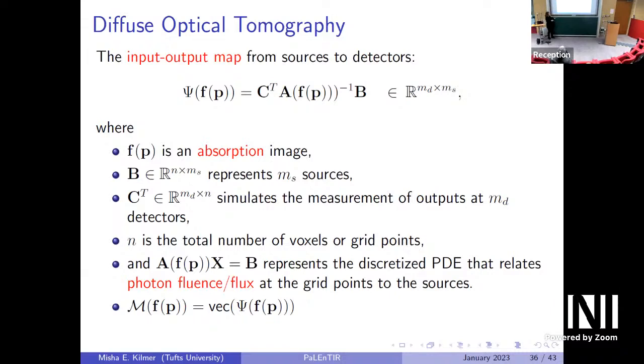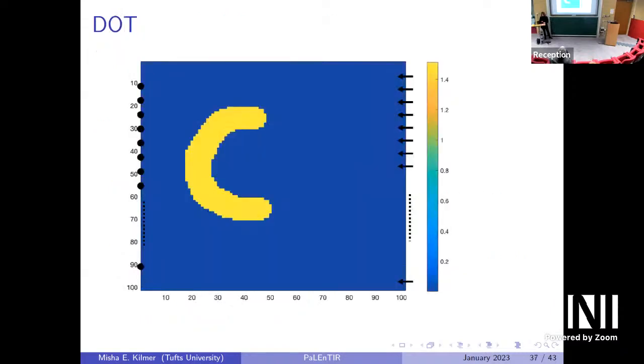C is a tall skinny matrix with zeros. N is the total number of voxels or pixels, depending on 2D or 3D. And so if we want to think about the forward problem here, I basically vectorize this input-output map for specific instances. So every step of the optimization is going to require lots of PDE solves and lots of adjoint solves to be able to come up with what we need.